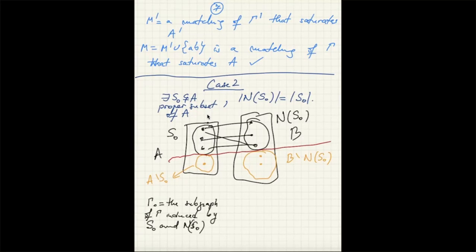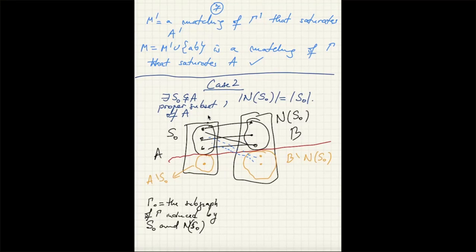One thing you should realize is that there are no edges from S0 to B minus NS0, because that's the definition of the neighborhood. It is possible to have edges here, but definitely there are no edges from S0 to B minus the neighborhood of S0.